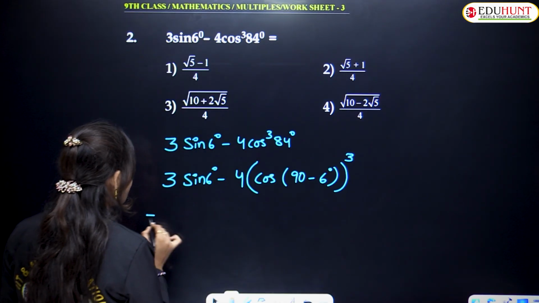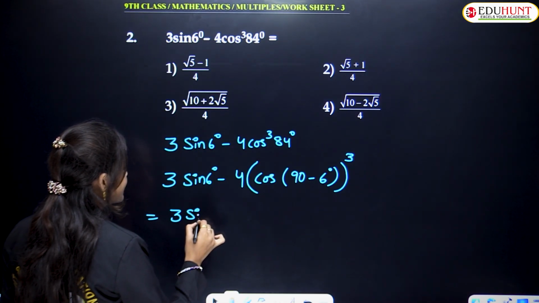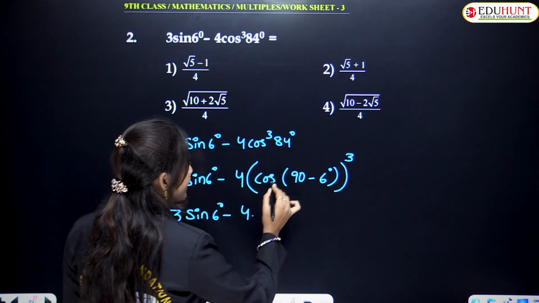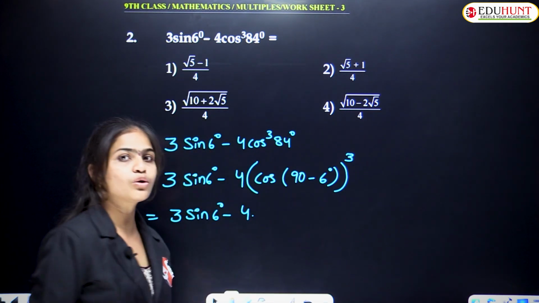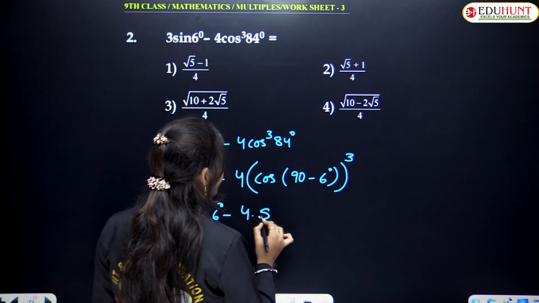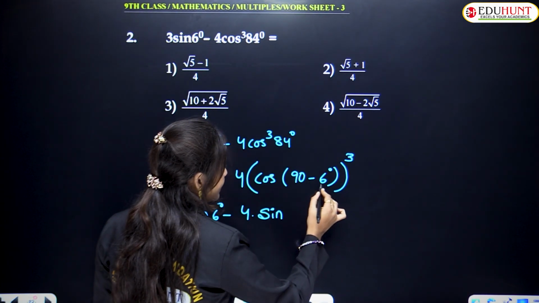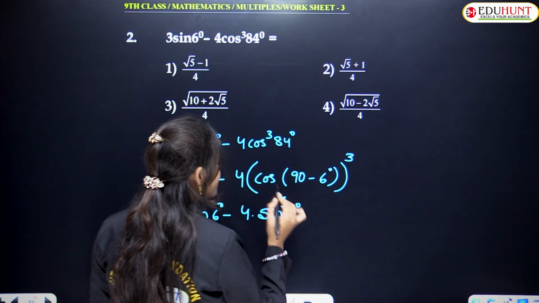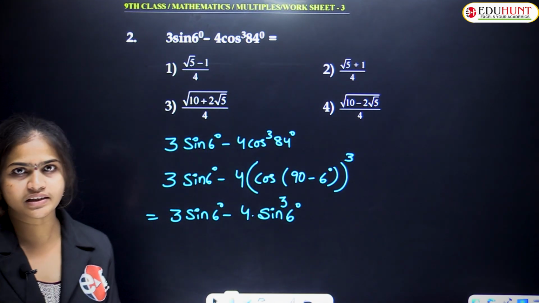So, here we will get this one as 3 sin 6 degrees minus 4 into here cos 90 minus theta. So, cos 90 minus theta is nothing but sin theta. So, sin theta, theta is here 6 degrees and here cube is there, no. So, that is why here 4 sin cube theta.